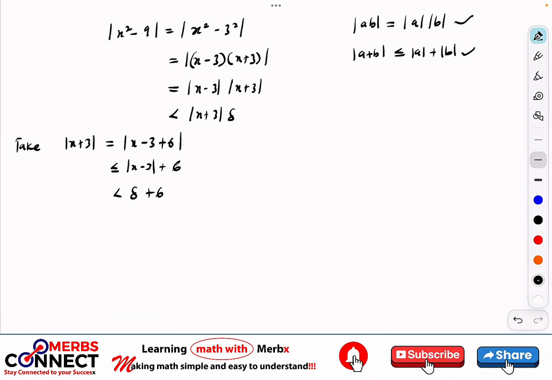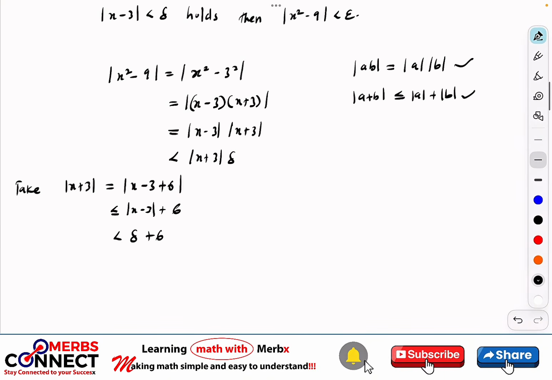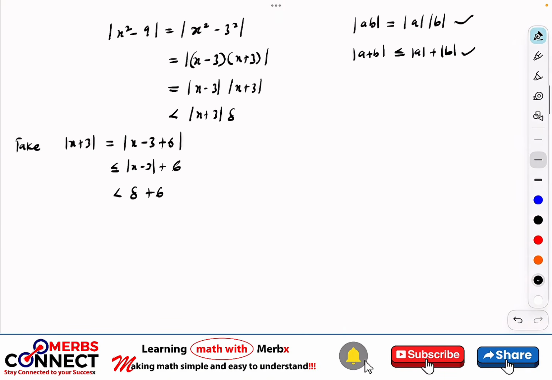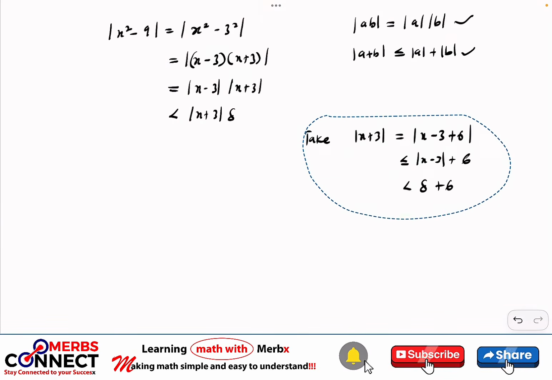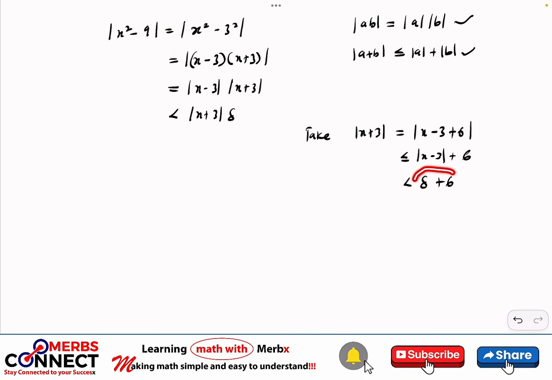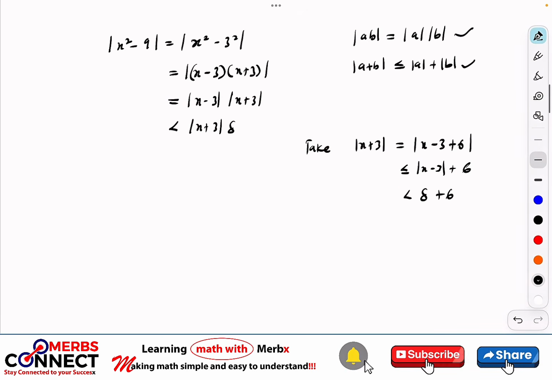Why am I saying epsilon in place of delta? Delta plus 6. So from here, I'm going to replace this by this. So I'm going to have greater than delta plus 6 delta. Right. So that is what I'm going to get.